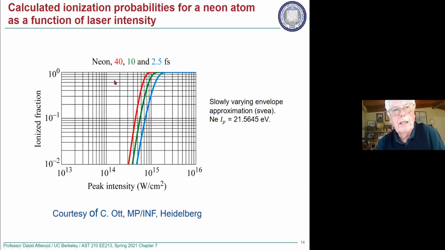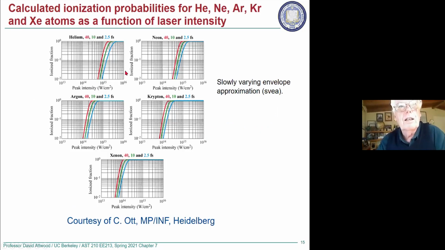So this was neon, and these are the other inert atoms, helium, neon, argon, krypton, and xenon. For instance, let's look at argon. Argon's got more valence electrons, and so at a lower intensity, closer to 10 to the 14th, you're already getting a high ionization fraction.